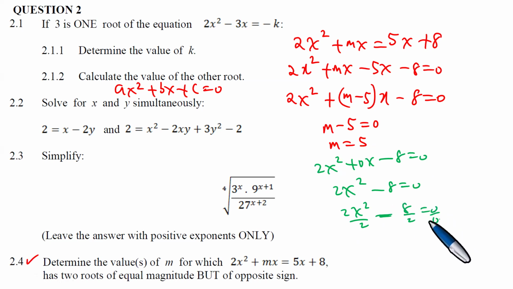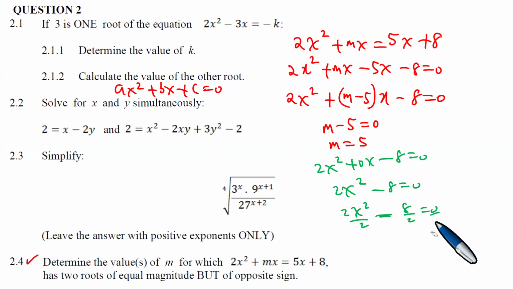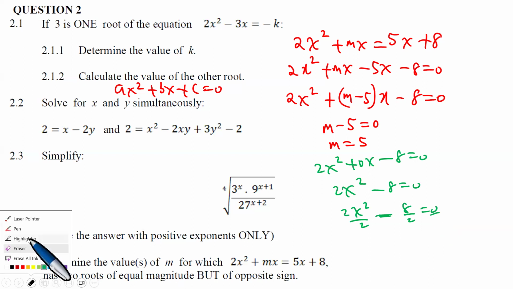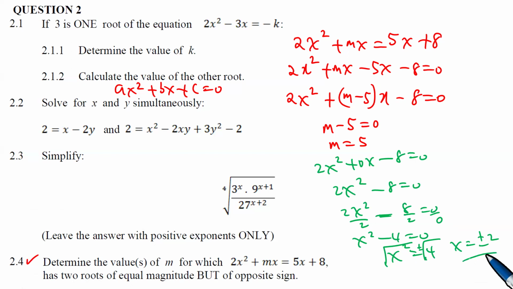Divide by 2, both left and right. It was quite a tricky question a little bit. So you then have x squared minus 4 equals 0. And this means that x squared equals 4. You apply the square root on the left, square root on the right, which means x equals plus or minus 2.